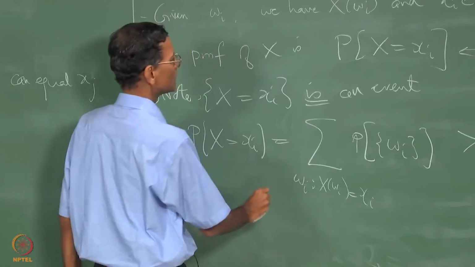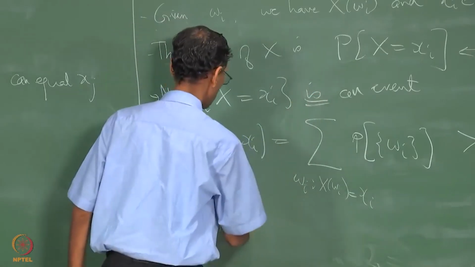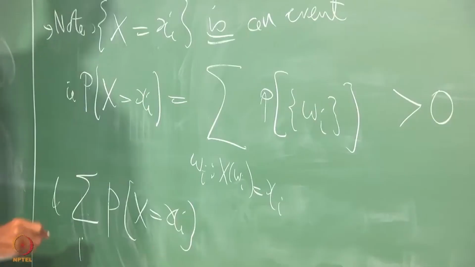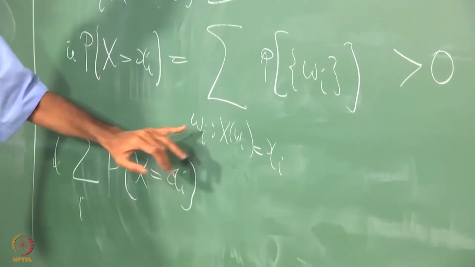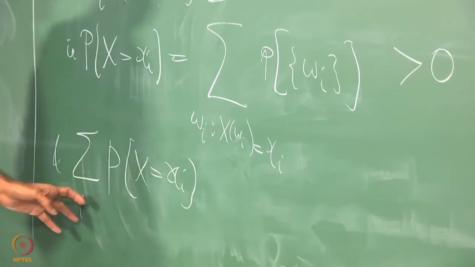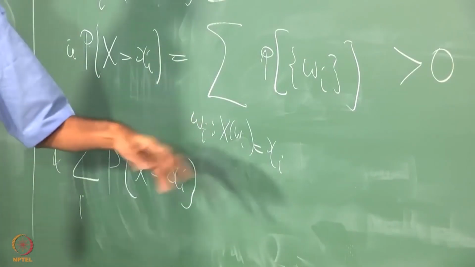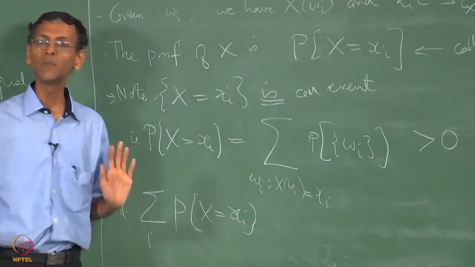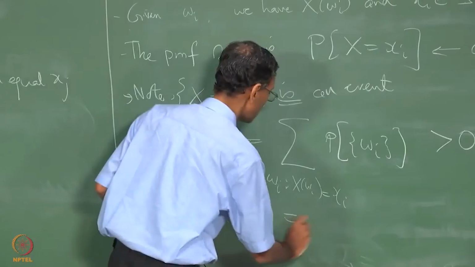So, P of x equal to x i over all i. Again, as I said, that is why I am not saying i going from 1 to 5 or anything; I am just simply putting that adding up over all i, this must be equal to 1.